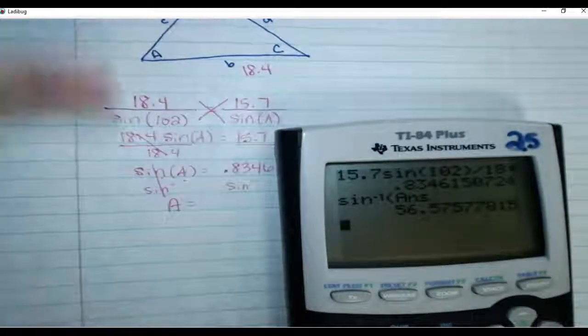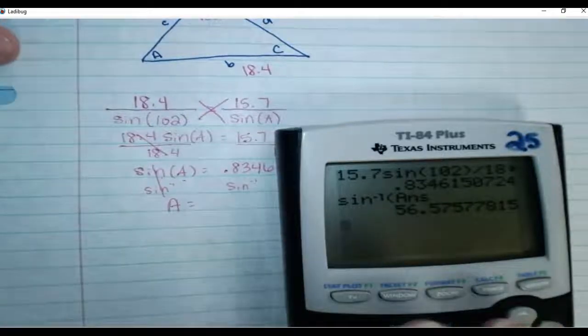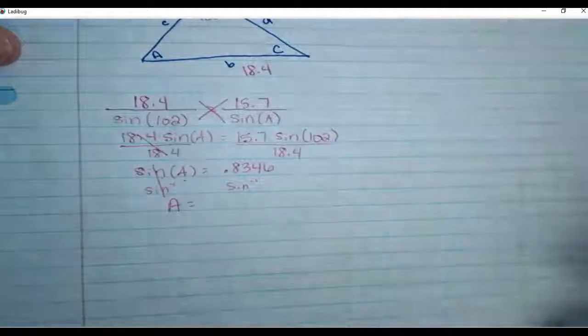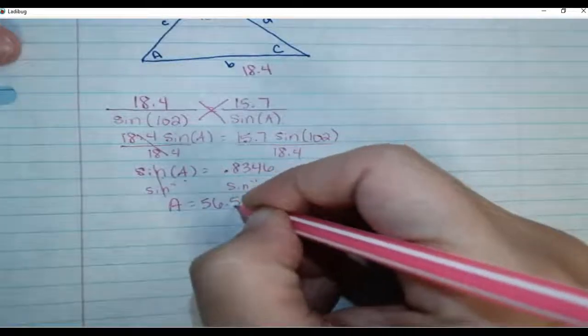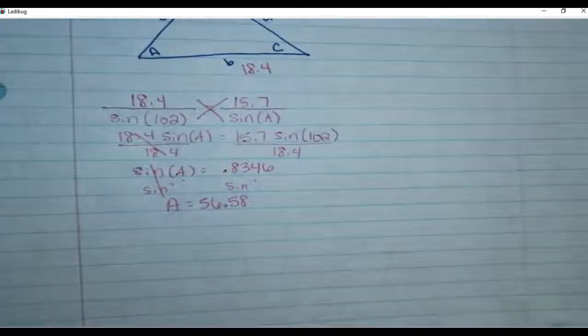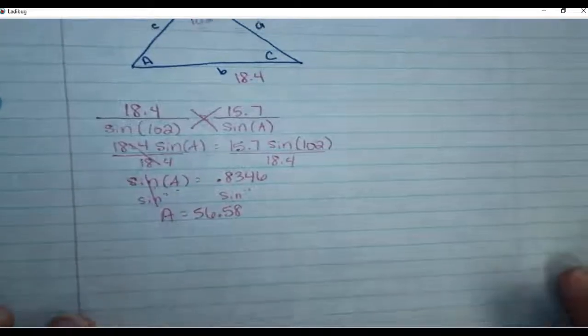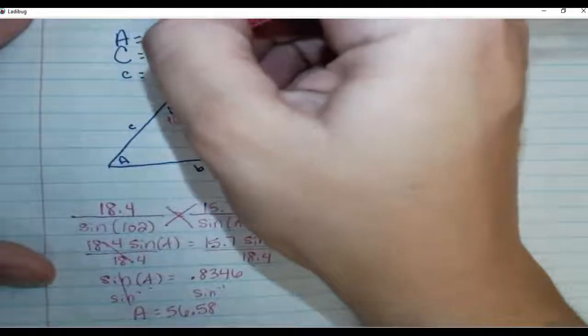And so we get about 56.58. Any questions on that? Okay, so that is our A, 56.58.